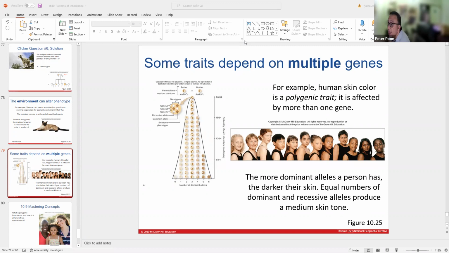And so you get different combinations. For skin color, if you get more combinations that code for dark skin, your skin color will be dark. If you get more combinations that code for light skin, your skin will be lighter.